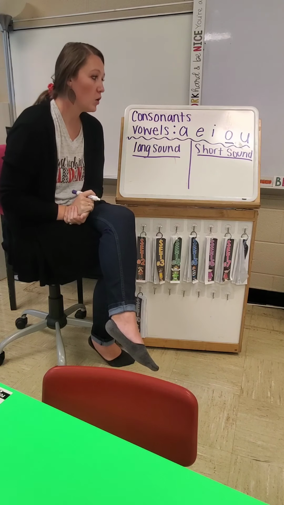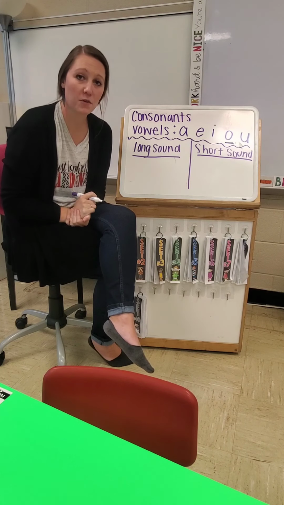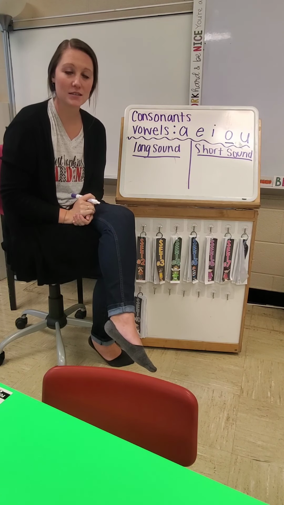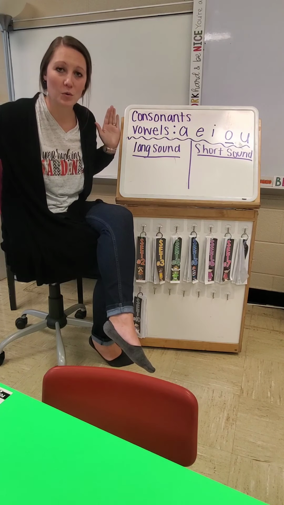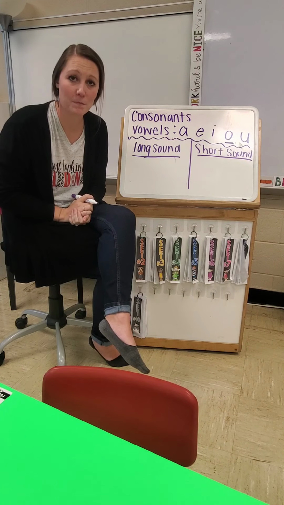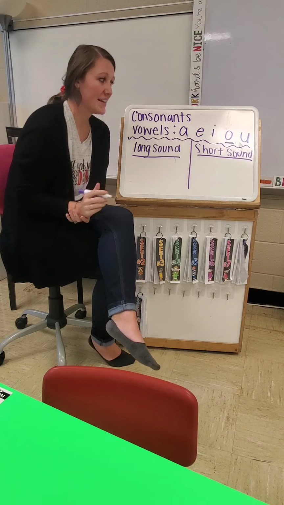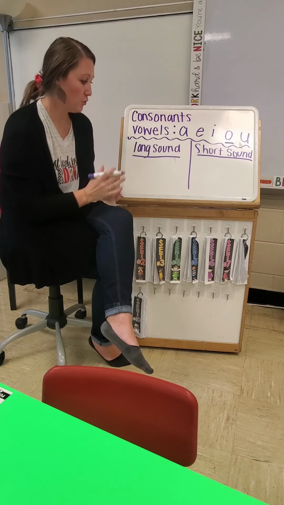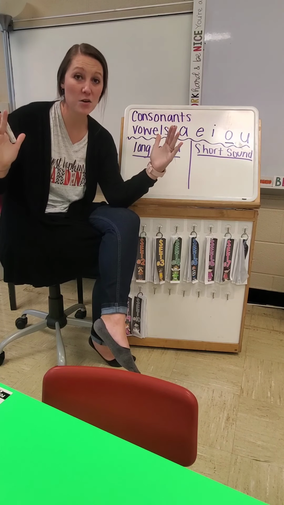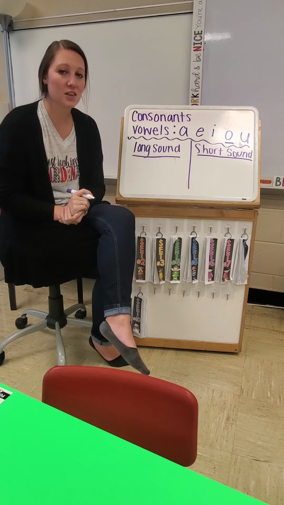So if we look at O, the long sound for O is O. He just says his name. Easy to remember, right? It's the same thing with A and E and I and U. The long sound makes them say their name.